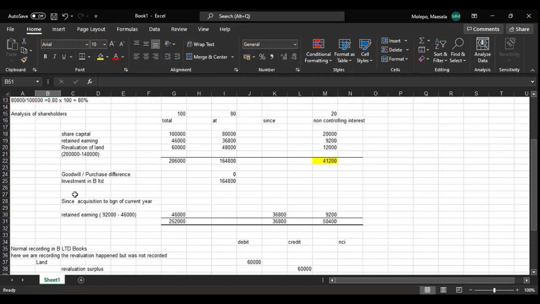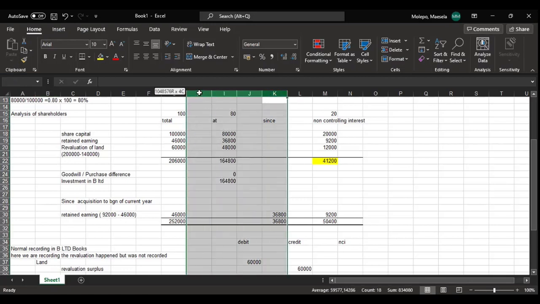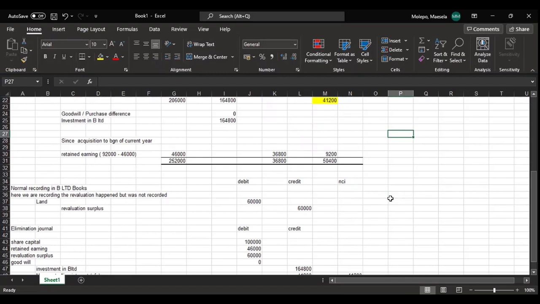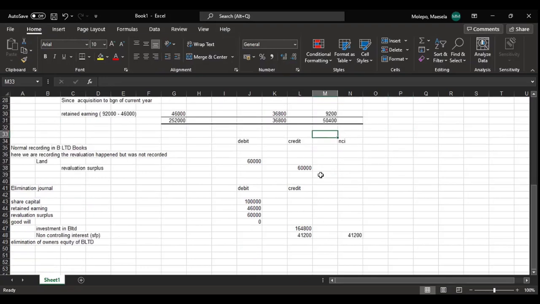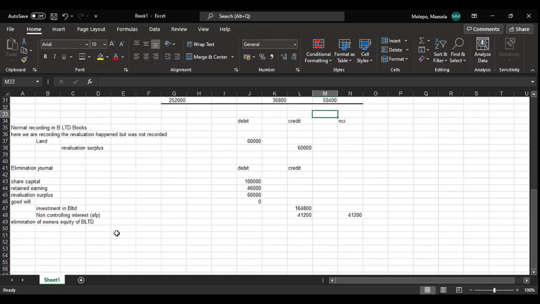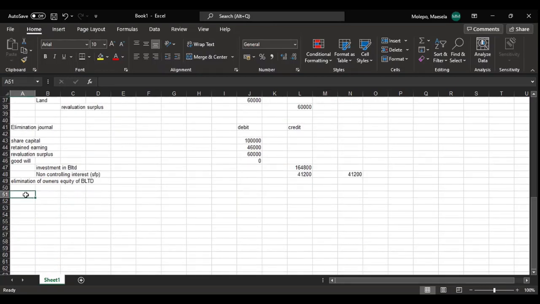But whatever is happening on this side, like on the analysis of shareholders, whatever is on the bottom side will form part of the group. But whatever is here will be for the outsiders. So now we take the things for the outsiders. On the outside, we have retained earnings because this one is going to form part of our retained earnings at the end of the year.